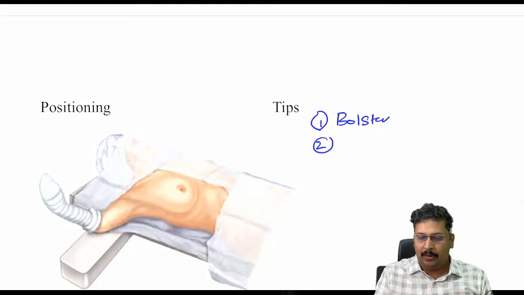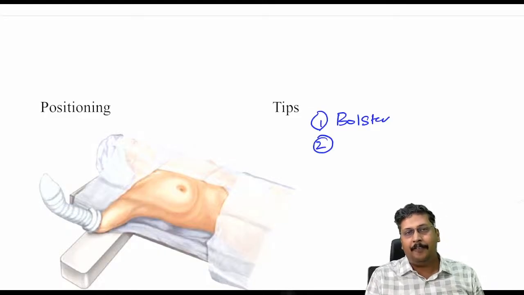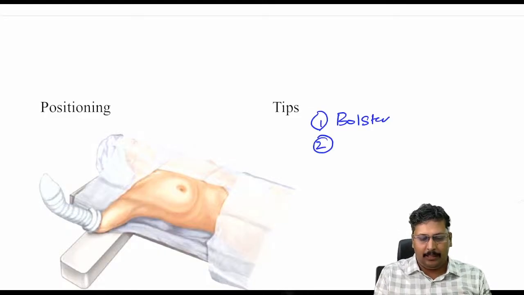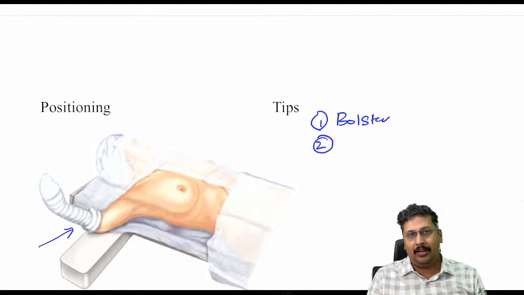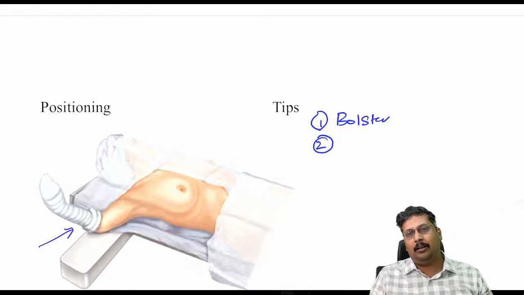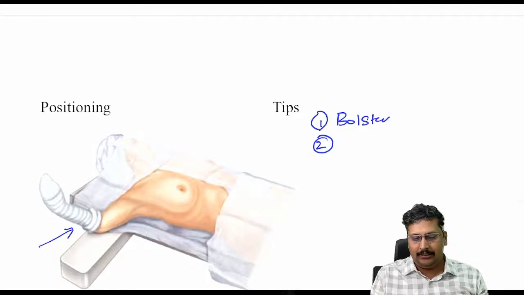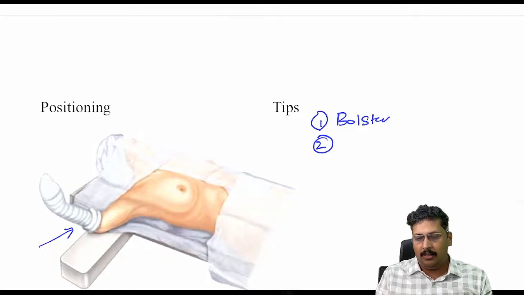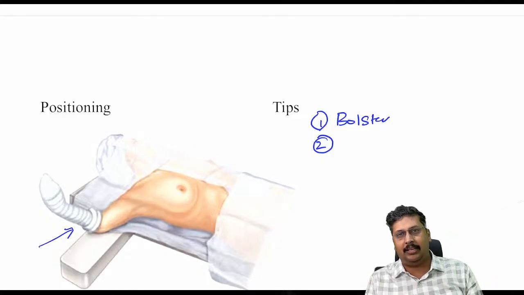And the second important tip is to freely drape the arm. Sometimes the arm may not be freely draped, so it may be kept on the arm board with a drape above that. But this free draping is important because during the surgery, sometimes to have adequate axillary clearance, we may have to extend, hyperextend or flex the arm.